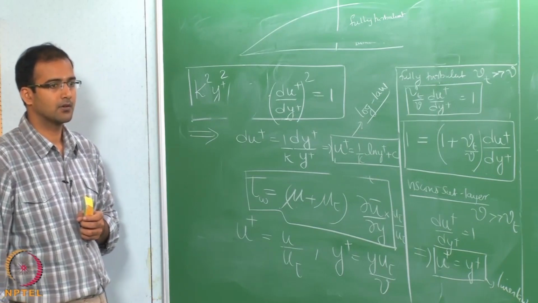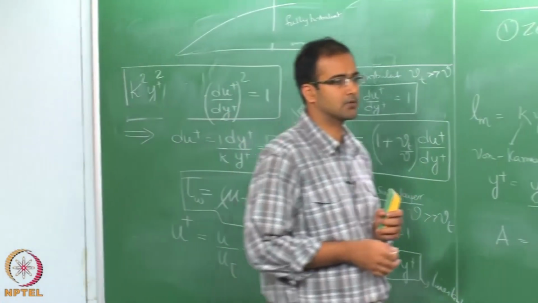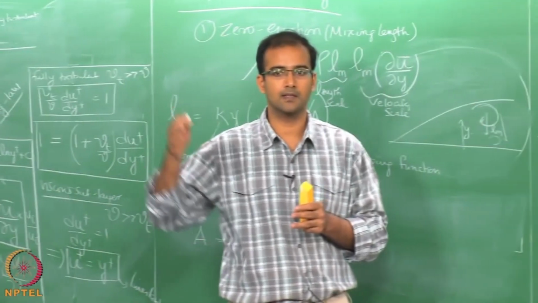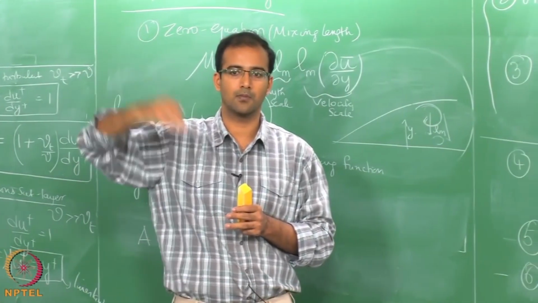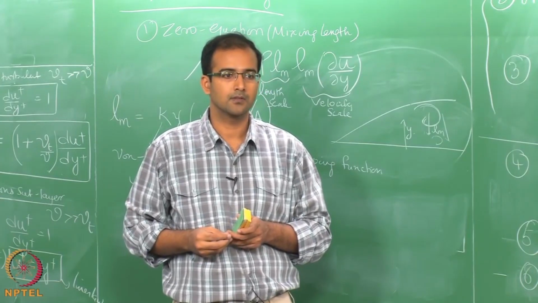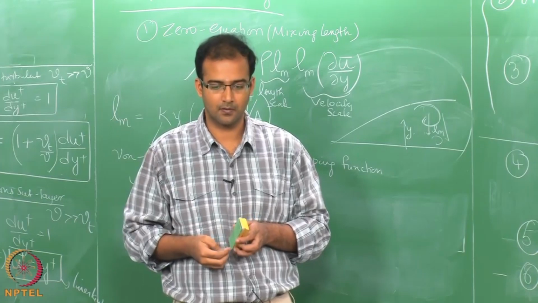Okay. So, the entire boundary layer can now be decomposed into profiles. In the viscous sublayer, you have a linear variation, and in the fully turbulent, you have a logarithmic variation.